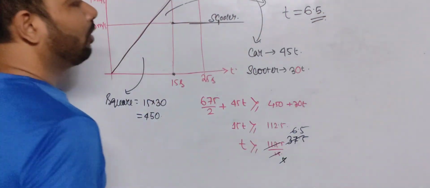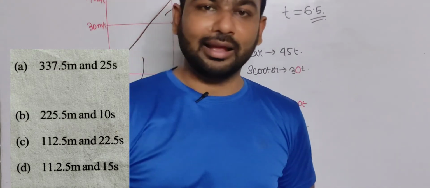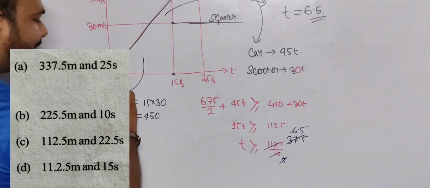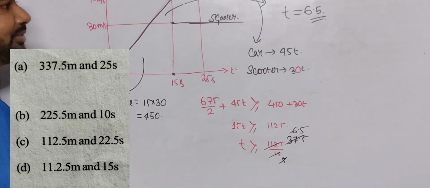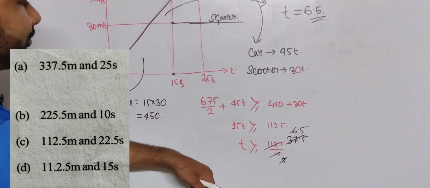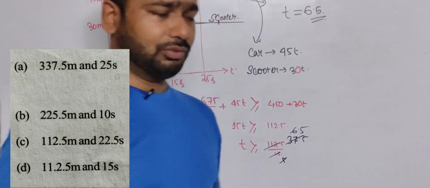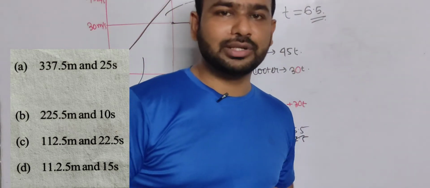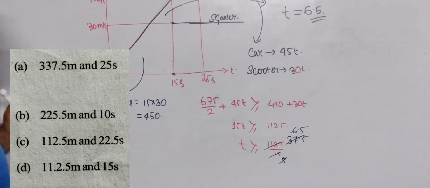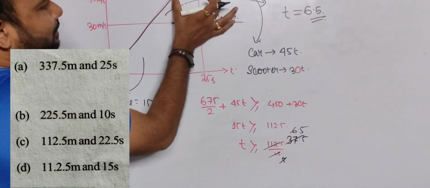Now the question is, this time is not in the options, but from the initial point to time t, we have t equal to this path.